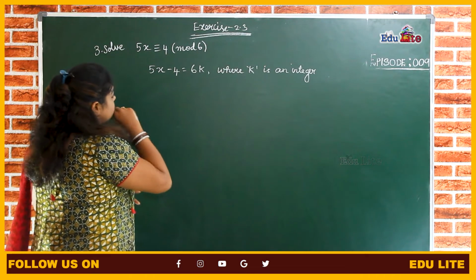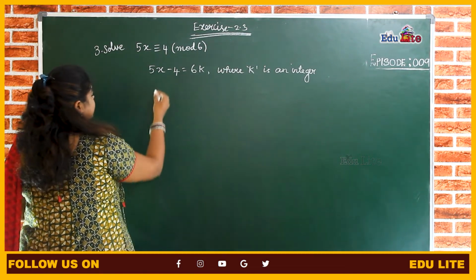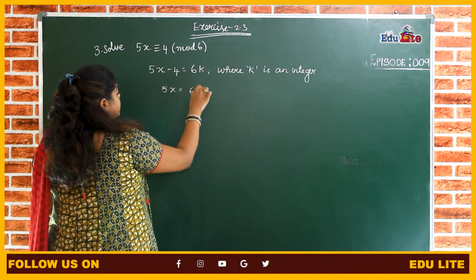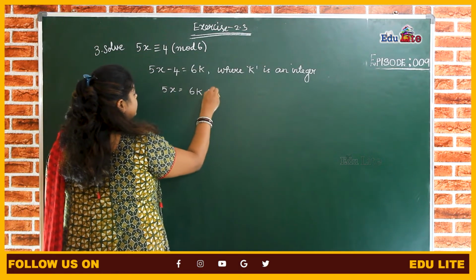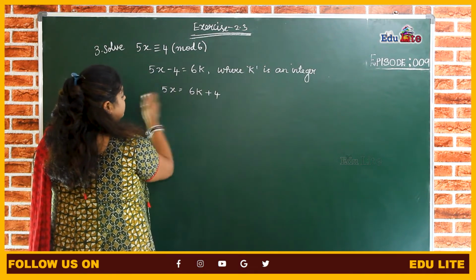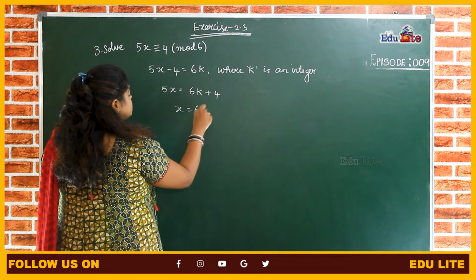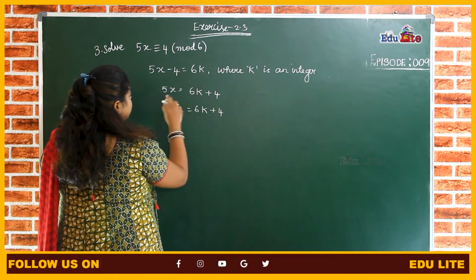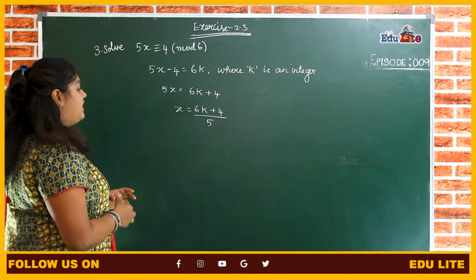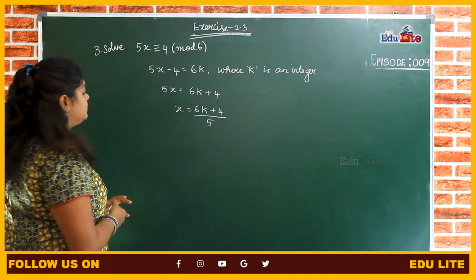So next, we have to write the x value from this. So 5x equals 6k minus 4; if it comes to the other side it will become plus 4. We want the value of x, therefore x equals (6k plus 4)/5. 5, if it goes to the other side, will become divided by 5. Now we have to vary the values of k to find the values of x.